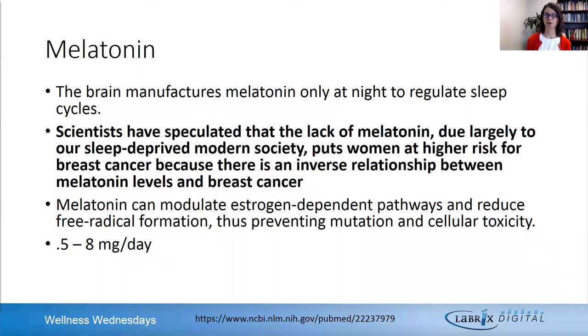So across the board, women with breast cancer are found to have lower melatonin levels. As well, melatonin can modulate estrogen-dependent pathways and reduce free radical formation, thus preventing mutation and cellular toxicity. So it's a very potent antioxidant.